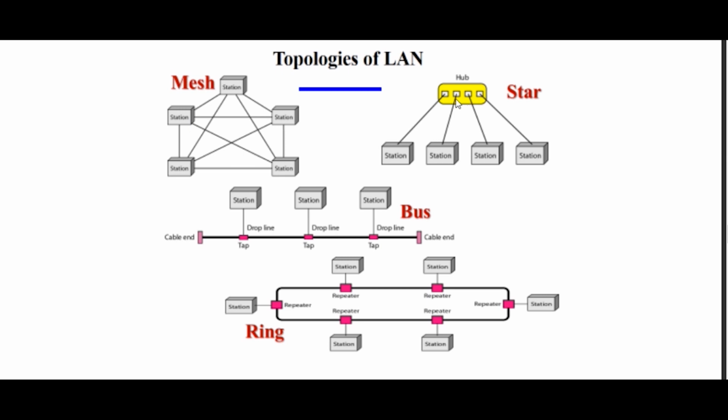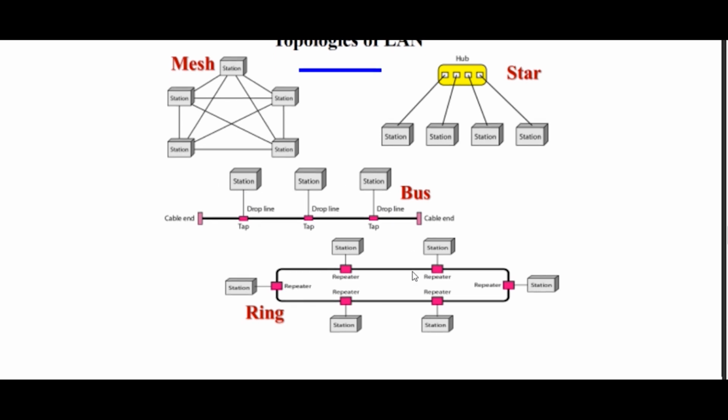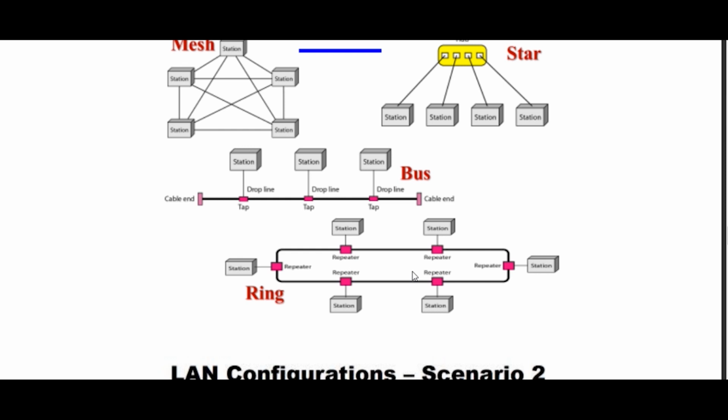Star has one central station, or you can use a hub or switch, and that is connected to all the stations. Then there is bus topology. In bus topology, there is a linear cable which has two terminated ends, and all stations are connected to that cable. Then there is ring topology.